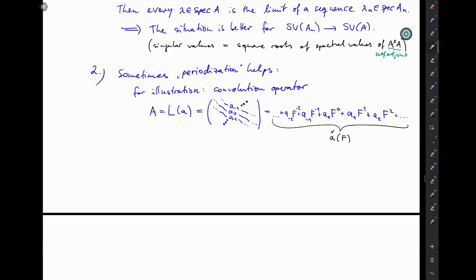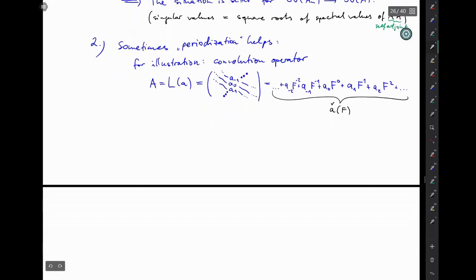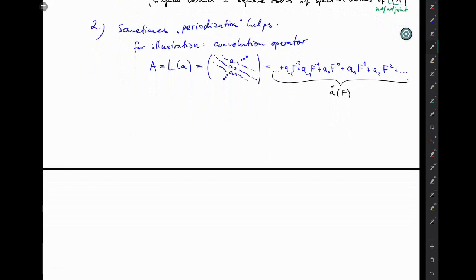Okay, to show you what we mean by periodization, I should better go down to an example of this class of examples. So this bi-infinite three-diagonal matrix can be written as minus 2 times the backward shift, which is the inverse of the forward shift, plus 5 times the identity, plus once the forward shift.